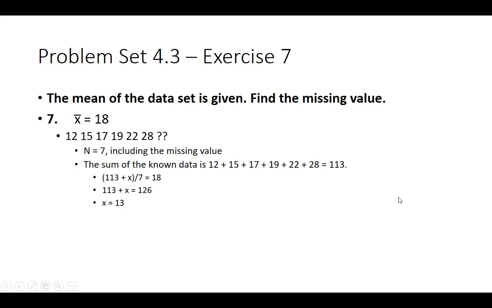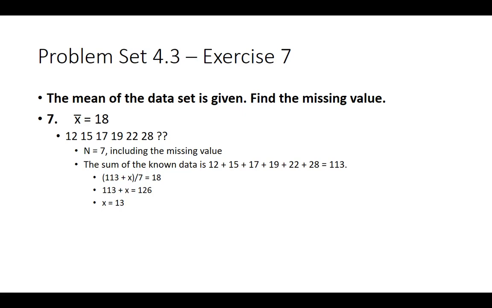Number 7, the mean of the data set is given. Find the missing value. So we're told that X bar, the mean, is 18. We're given 6 out of 7 data points: 12, 15, 17, 19, 22, and 28. And then we have a missing value.